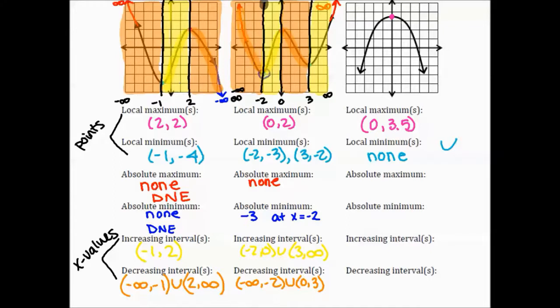For this problem, our absolute maximum is the same as our local maximum. So again, we want to look at how high does the graph go. So that's 3.5. So we're going to say that the maximum is 3.5, and that occurs at x equals 0. Since both sides of the graph are going down to negative infinity, we do not have an absolute minimum.